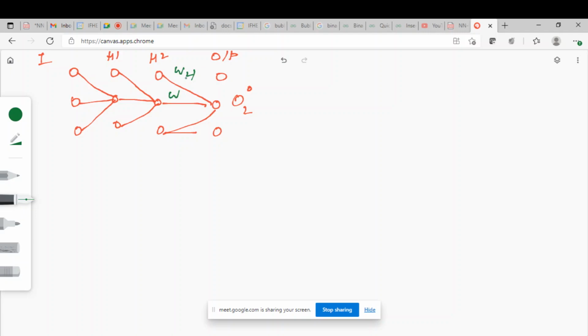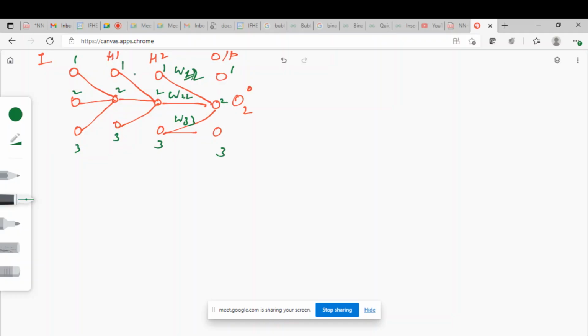First, second, and third neuron of the output layer. This weight let us represent as W: W11, W22, W33. This weight let us represent as V as usual: V12, V22, V32. This weight let us represent as U: U12, U22, U33.